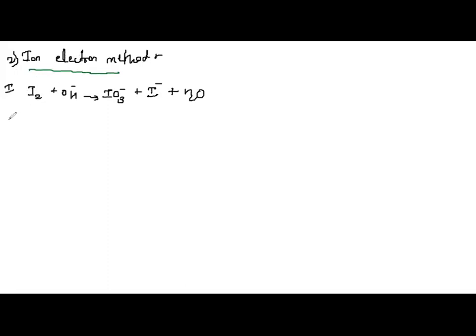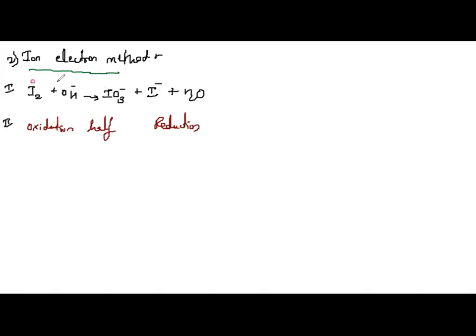Now, what does the second step say? The second step says to split the equation into 2 half reactions: the oxidation half and the reduction half. If you observe here, let me write the oxidation states.